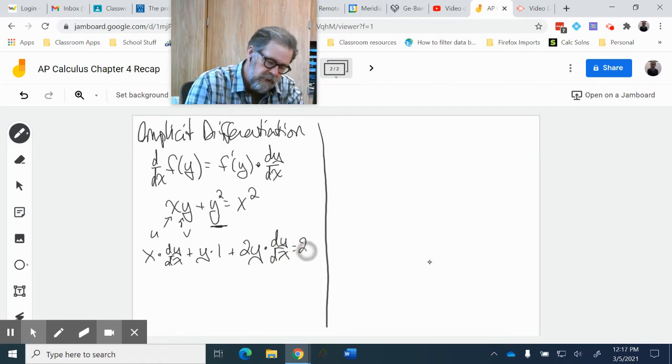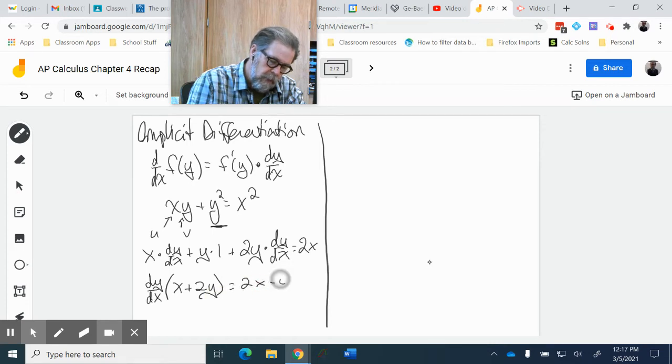And then on the other side, we've just got 2x. Now we get all the dy dx on one side and factor. I've got x plus 2y equals 2x minus y, and then solve for dy dx.